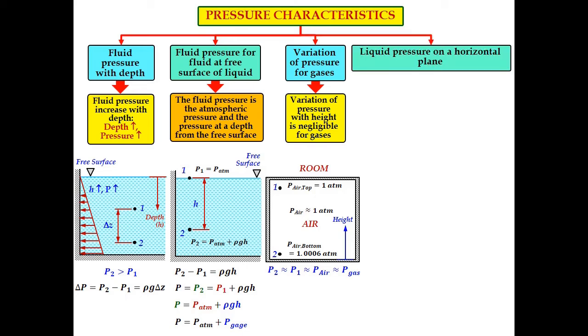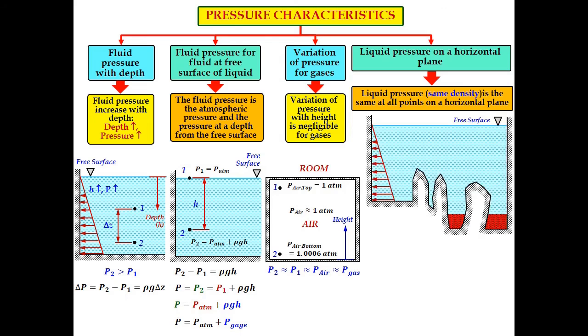Okay, the last one is about the liquid pressure on a horizontal plane. The liquid pressure for the same density of fluid is the same at all points on a horizontal plane. For example, in this schematic diagram we have a free surface fluid. The blue fluid is, let's say, water, and the red fluid is the fluid with higher density.